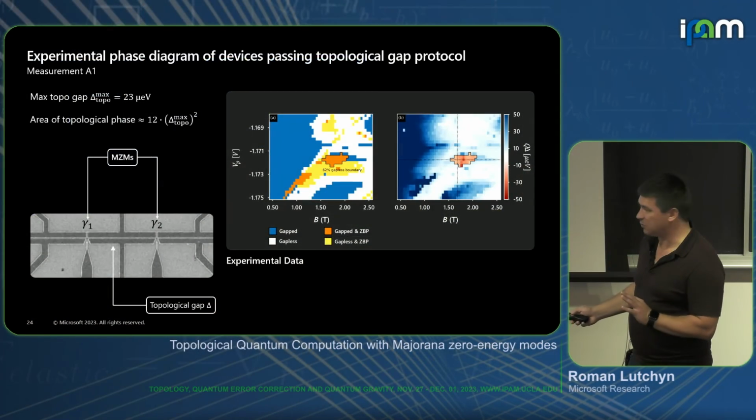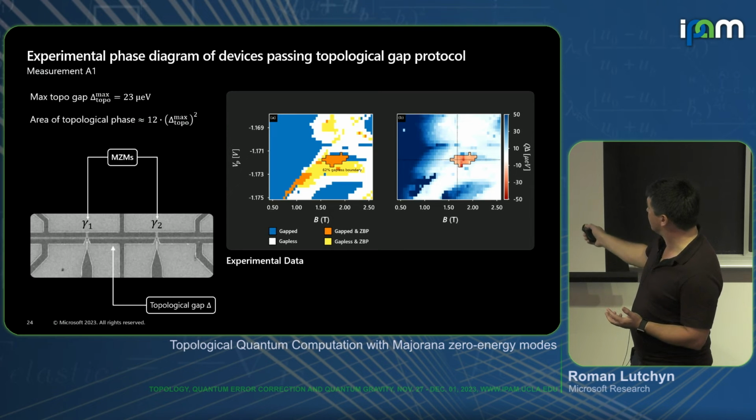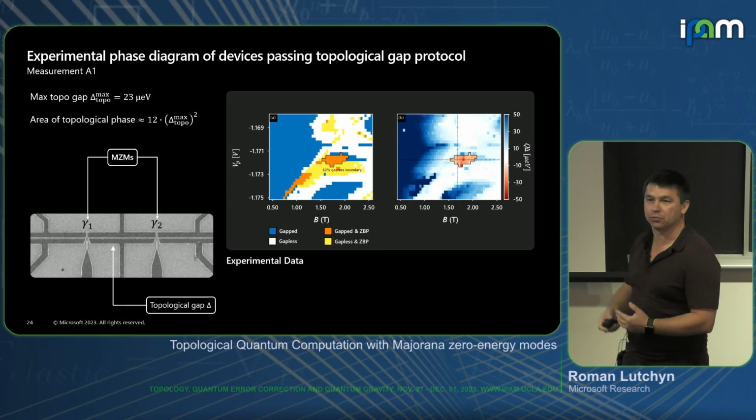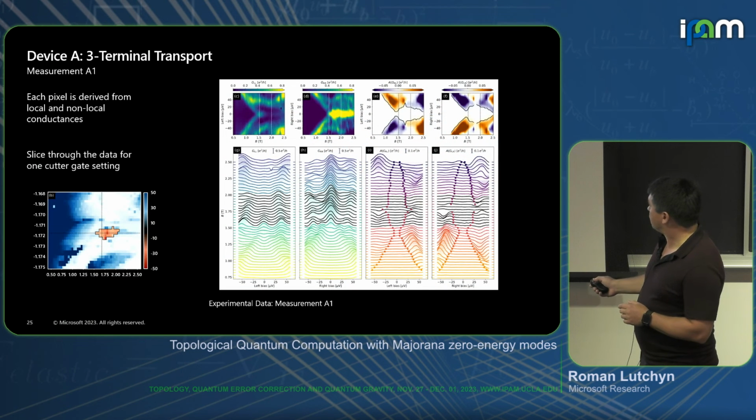So two other things that I wanted to show. So this is a phase diagram, but let's dive into these cuts that are illustrated here and show you what transport data looks like. So first, we want to see gap closing and reopening. So here's gap closing. Here's reopening, closing again. This is non-local conductance, GRL, and this is GLR.